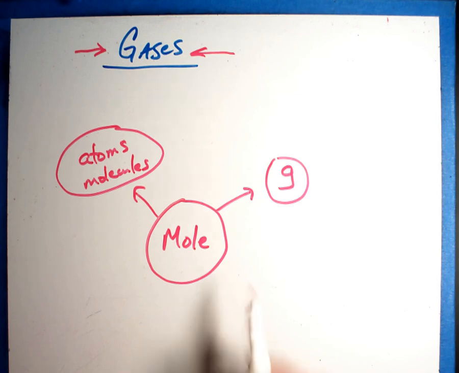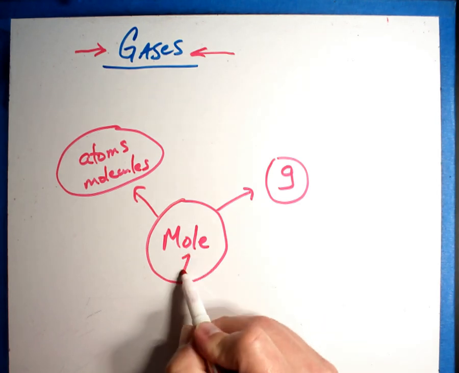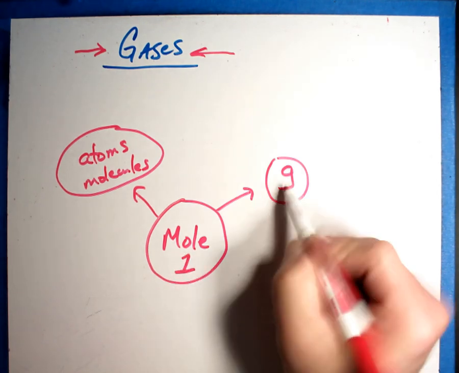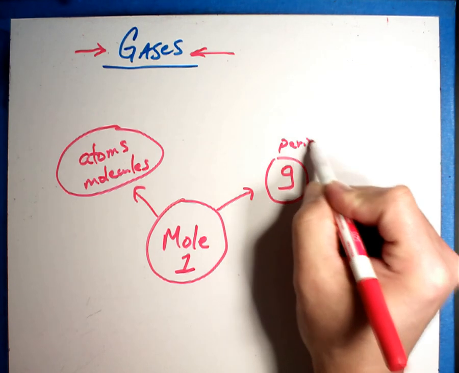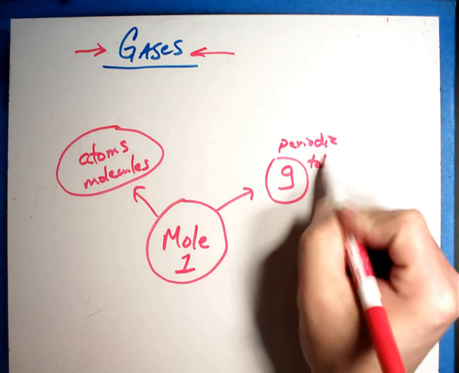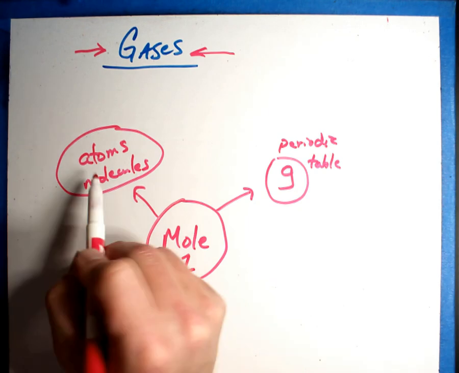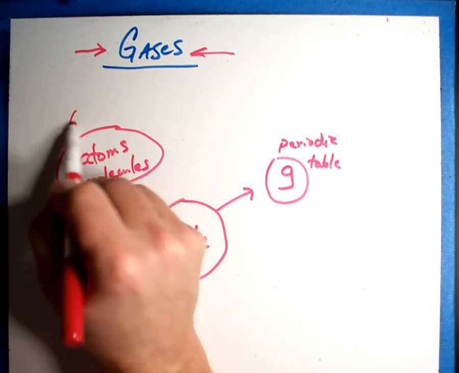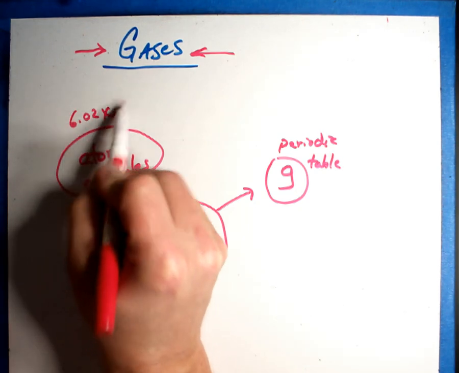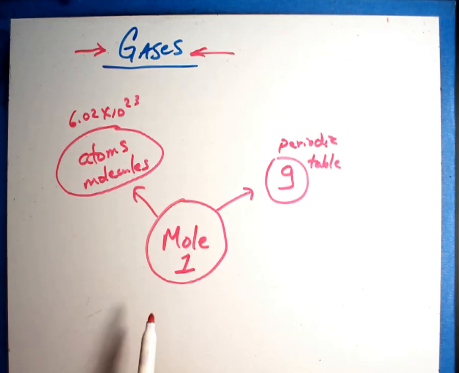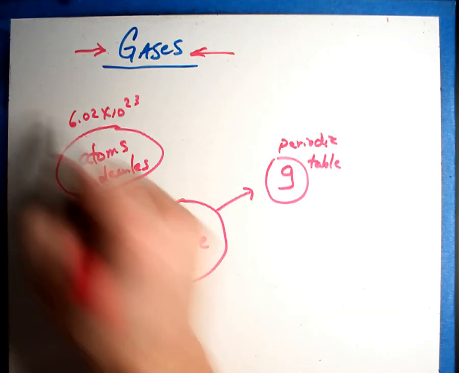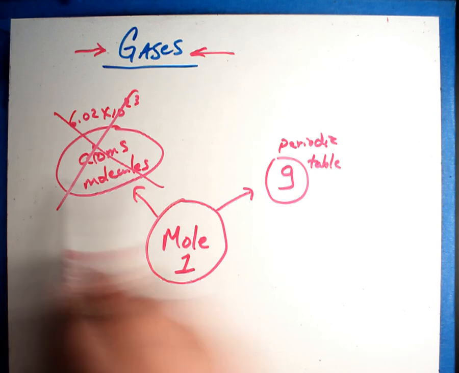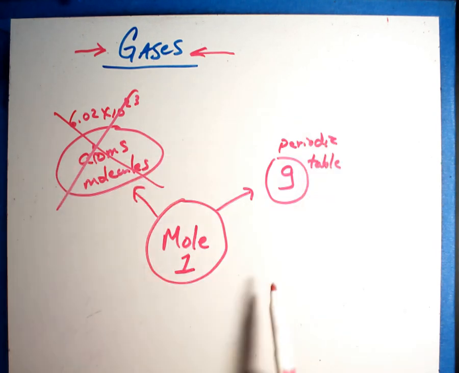Whenever you were at moles, the magic number was always 1. Whenever you needed grams, that was always from the periodic table. And whenever you had the word atom or molecule, you always used 6.02 times 10 to the 23rd every single time. Now, I told you in the lesson before now, we're not going to use this anymore, but I use this picture just to remind you. It's in your notes, just like this.